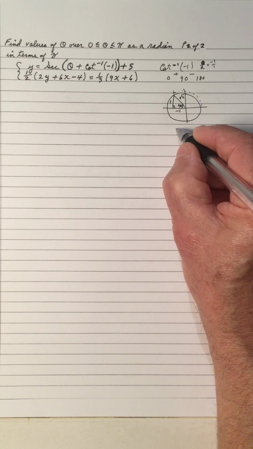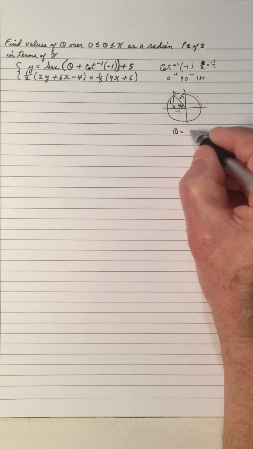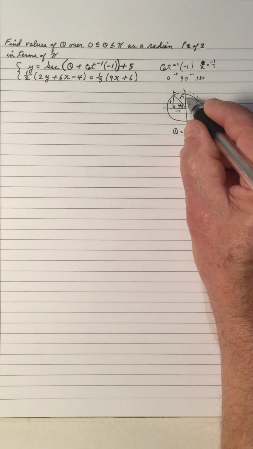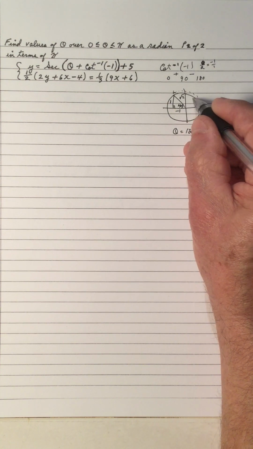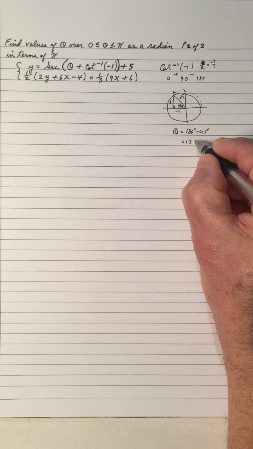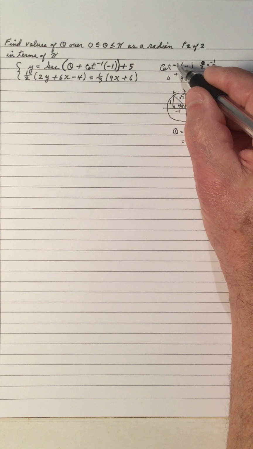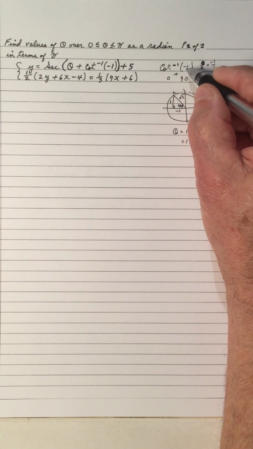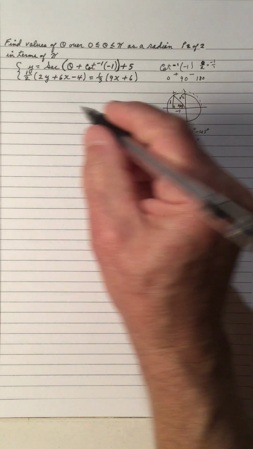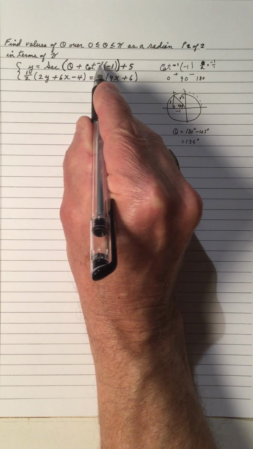Theta is 180 minus 45, because in the second quadrant the reference angle is 45. That's 180, come back 45, and you get 135 degrees. So the arc cot of negative 1 is 135, and we replace this with 135 degrees.